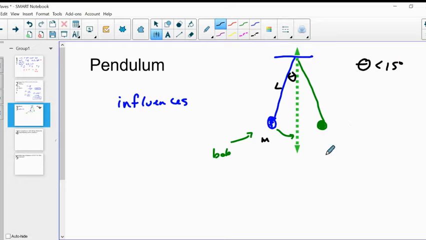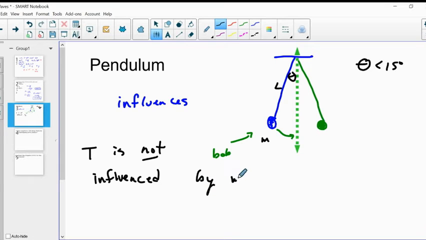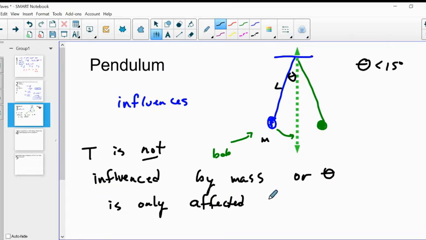But otherwise, the period of this is not influenced by the mass or the angle. It is only affected by the length.